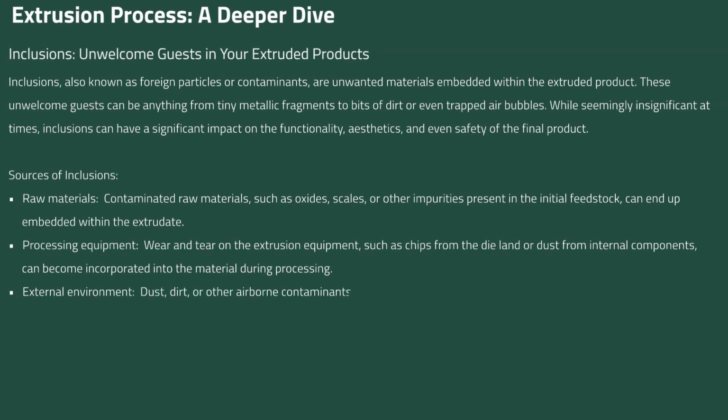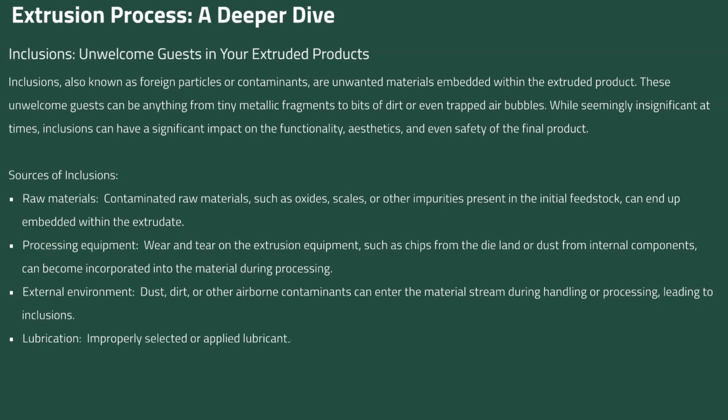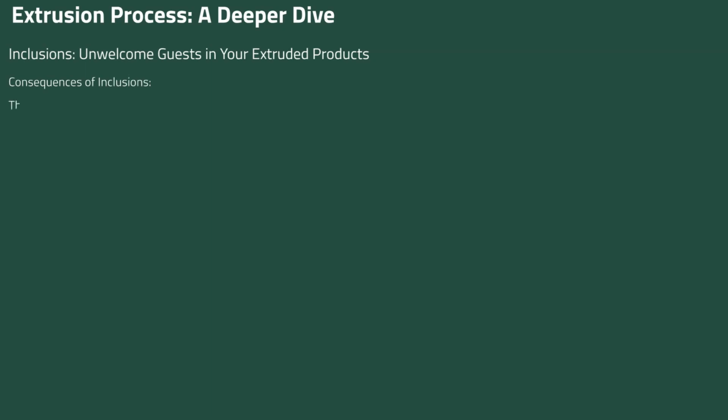External environment. Dust, dirt, or other airborne contaminants can enter the material stream during handling or processing, leading to inclusions. Lubrication. Improperly selected or applied lubricants can break down or leave residue within the extrudate, creating inclusions.